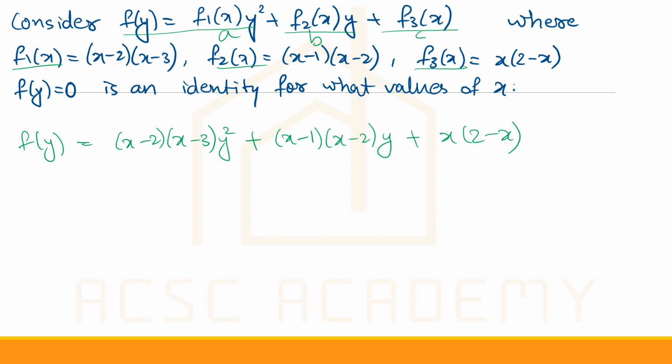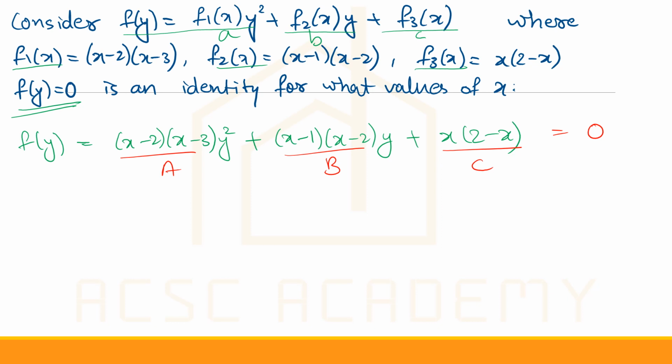So this is like representing a quadratic equation in y. If you say f of y equal to 0, then these a, b and c will be its coefficients, and this ay squared plus by plus c equal to 0 will be a quadratic in y.